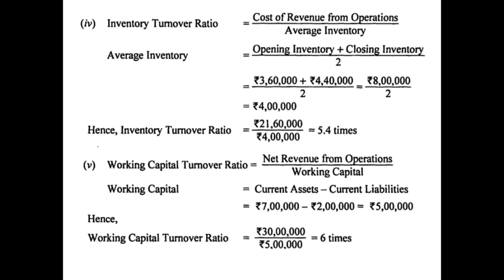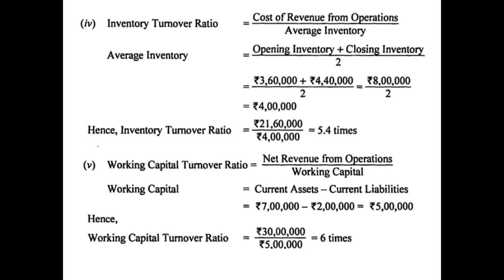And lastly, you have to calculate the working capital turnover ratio. The formula for working capital turnover ratio is net revenue from operations upon working capital. Since it is also a turnover ratio, it will also be calculated in times, and working capital is equal to current assets minus current liabilities. Revenue from operation you already have in the question as 30 lakh.